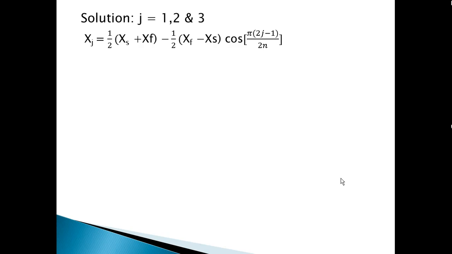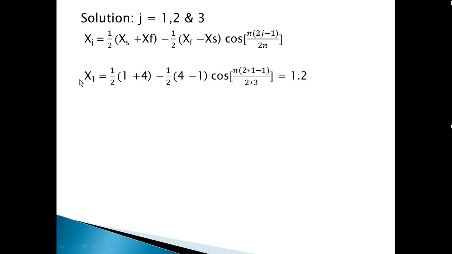If I am calculating x1, the precision point at position number 1, then half of (xs is 1, xf is 4) minus half of (4 minus 1) cos of pi into (2 into 1 minus 1) upon 2 into 3. Why 1? Because I am calculating the precision point value at point 1. And n is 3 because the number of precision points is 3, as given in the problem statement.